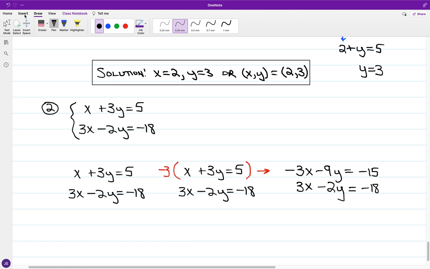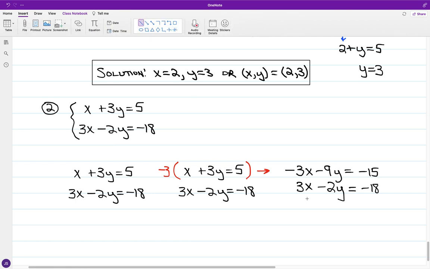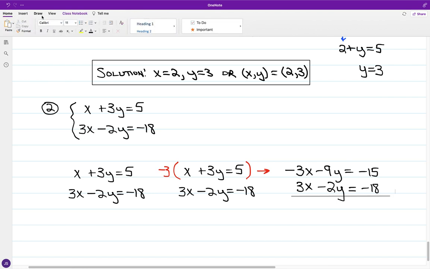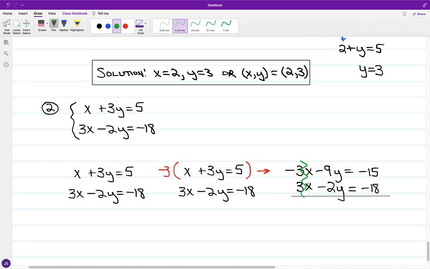So I can add the equations together. And for what we have now, I got negative 3x plus 3x. These terms go out. Negative 9y and negative 2y will become negative 11y. And we have negative 15 and negative 18 will be negative 33.